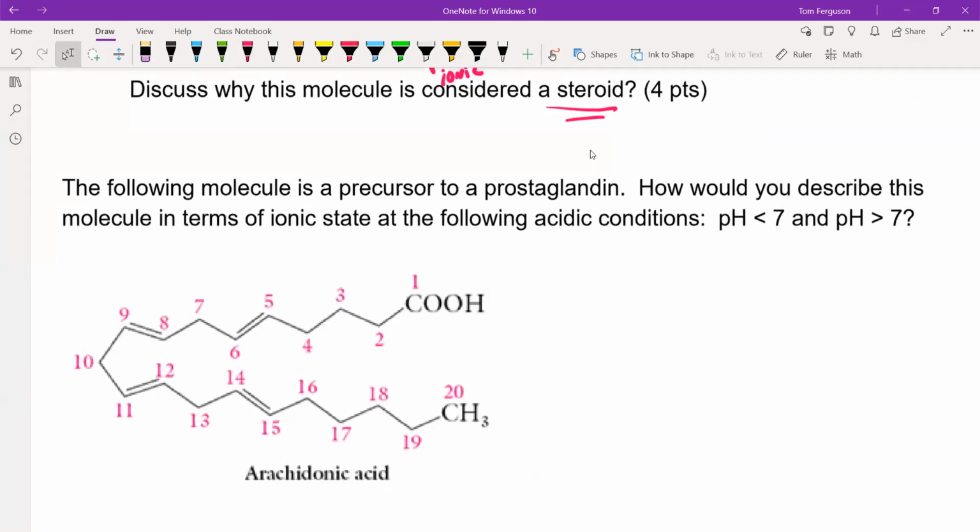So arachidonic acid is a precursor to prostaglandins. And we talked about there being two kinds of prostaglandins. Now this is an acid. So an acid in low pH is protonated. So this is what it looks like, and then it would look like this at pH greater than 7.